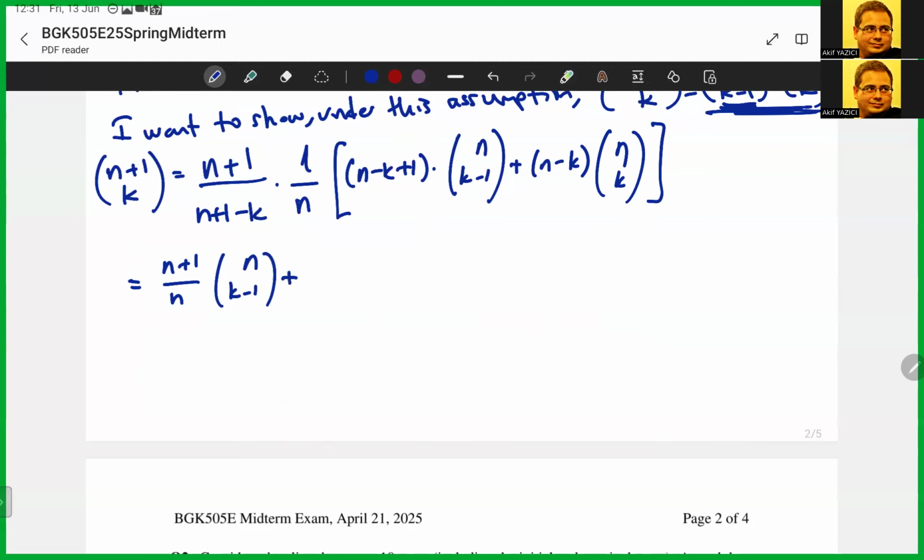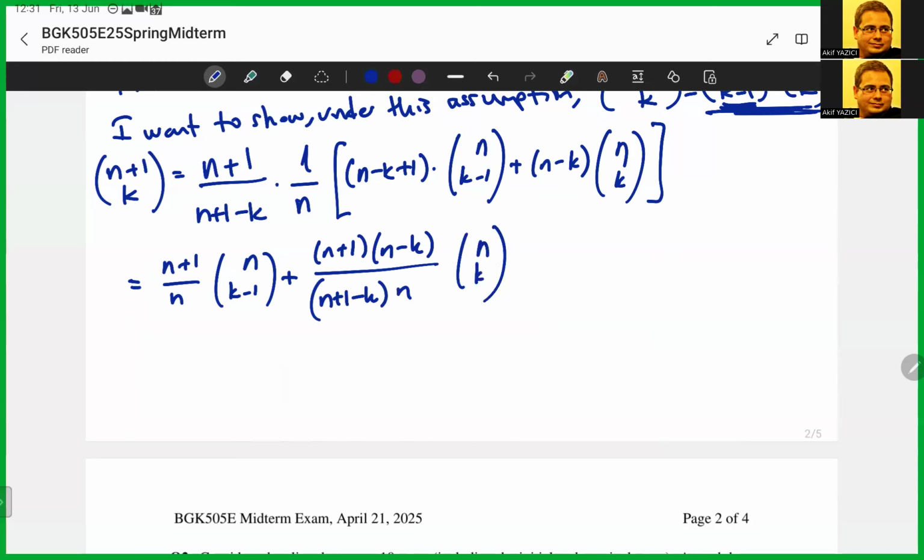And in the numerator, I'm going to completely take this one and multiply with this one. So in the numerator, I will have n plus 1 times n minus k divided by n plus 1 minus k times n choose k.